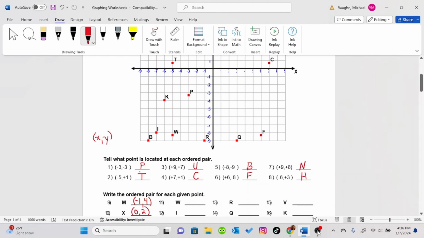Number 11 wants coordinate for W. We can see that W is where x equals negative 5 and y equals negative 8. Number 12 wants point I. We can see that that is where x equals negative 7 and y equals negative 8.